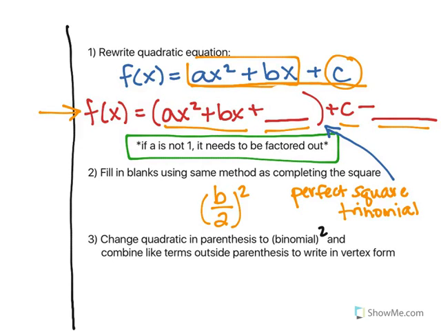And if we do that, if we have a perfect square trinomial, we're able to write a binomial squared. So remember, that's (a plus b) squared. And then we'll have our perfect square trinomial plus another term. That term is going to be figured out by combining the like terms outside of the parentheses.